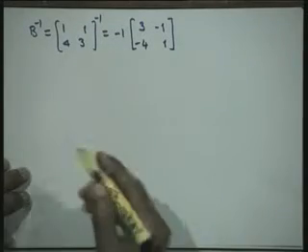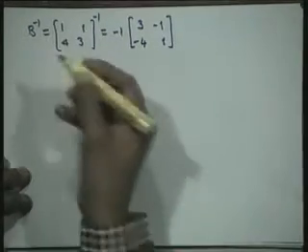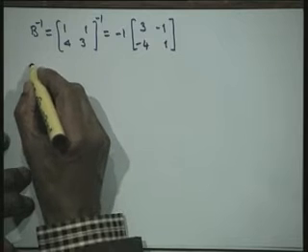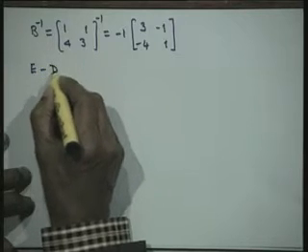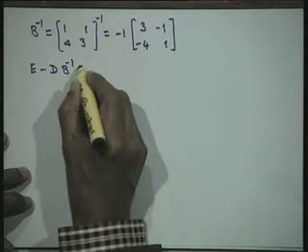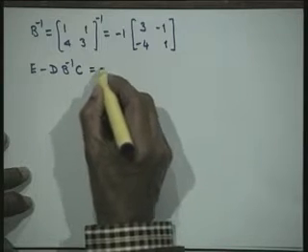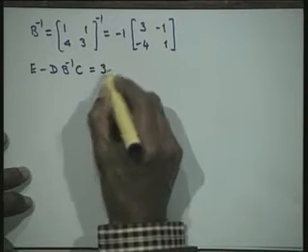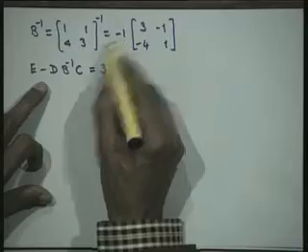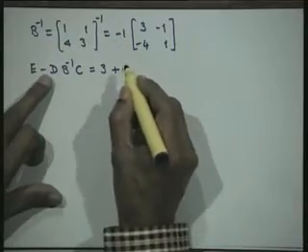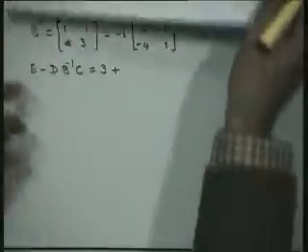Now, the next matrix multiplication I need, I will pick up from what we have done last time. I need E minus D B inverse C. I need this quantity to determine the next inverse. This is 3 and we have B inverse with a negative sign, so we can put a positive sign here, and D is this row vector 3 comma 5.